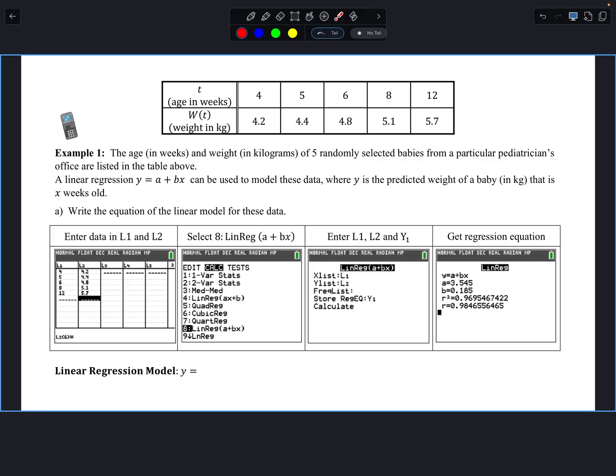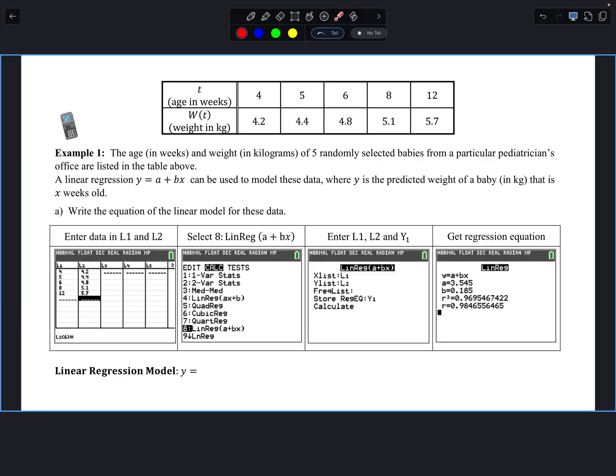So let's just get through the problem first. Let's read it. It says the age in weeks and weight in kilograms of 5 randomly selected babies from a particular pediatrician's office are listed in the table above.